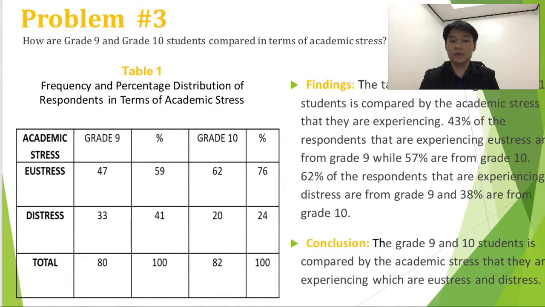For problem number 3, how are grade 9 and 10 students compared in terms of academic stress? For this problem, we use table 1 to solve the findings and conclusion.